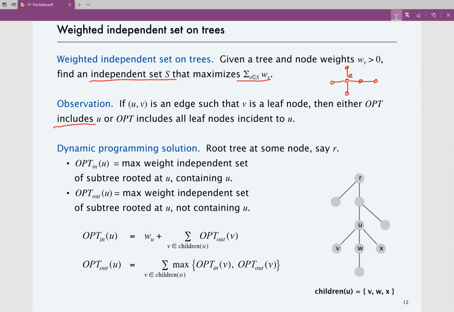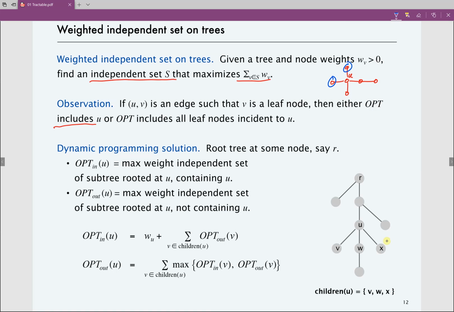Let's switch to a different color here. We might as well include all of these other leaf nodes in the independent set. Now we don't really know what we should do for this node, because this is not a leaf node. But for these leaf nodes, why would we not include them? If we include them, then of course our weight goes up.